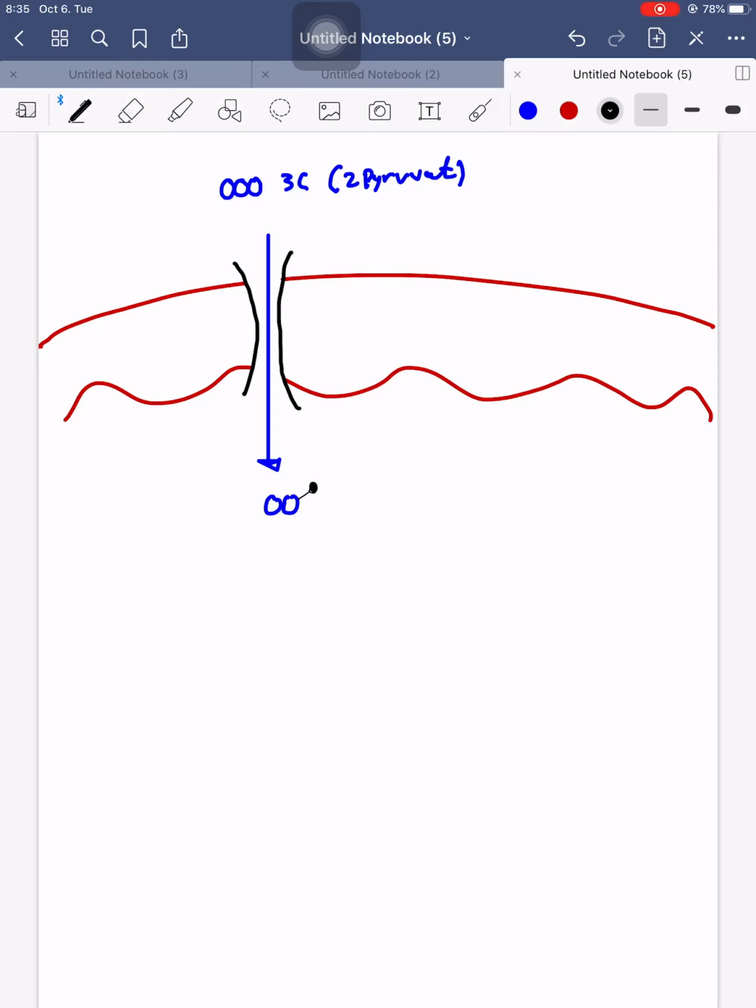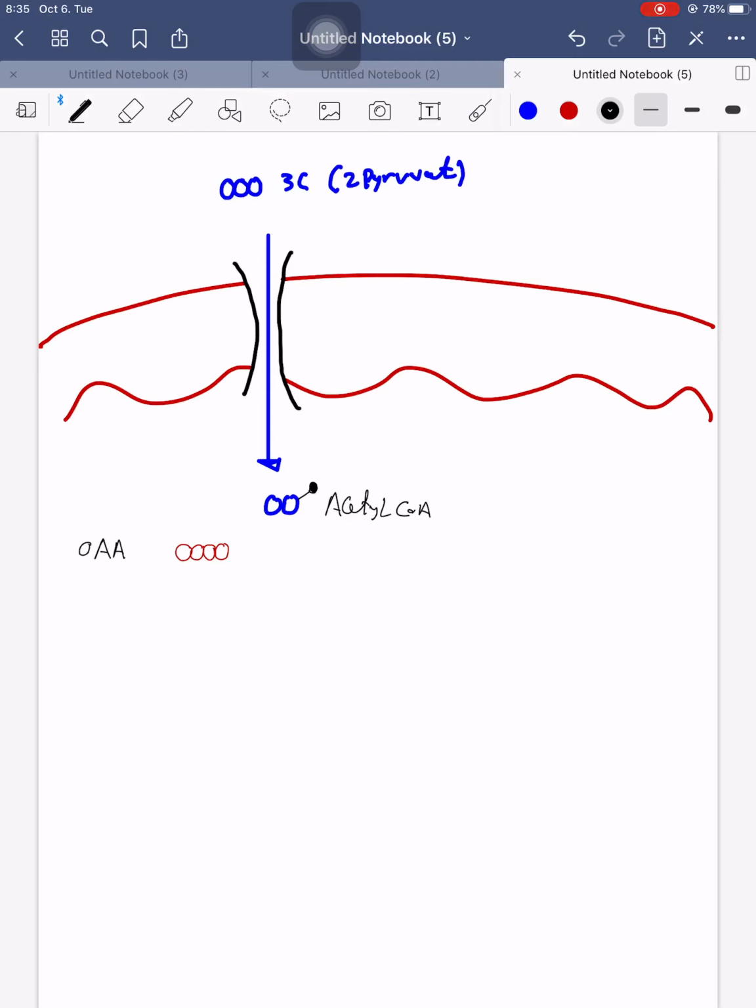So this structure is called acetyl coenzyme A. That acetyl coenzyme A will have a condensation reaction with another 4 carbon molecule, 1, 2, 3, 4. We call that molecule oxaloacetate.